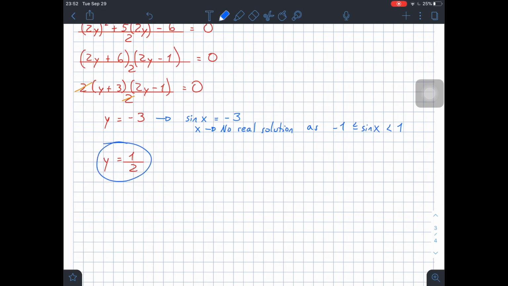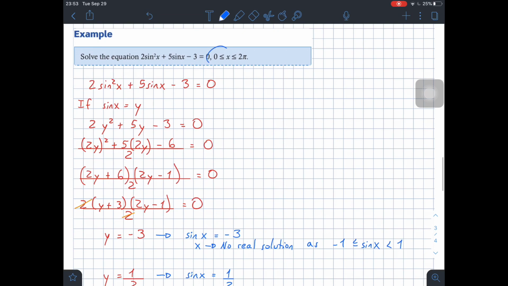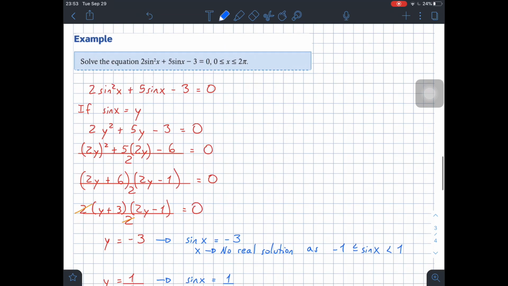But if we work with this second part, we're going to say that sine of x, which is y, is equal to 1/2. And here we do have a value of x for which sine of x is equal to 1/2. Now let's check the interval. The interval is from 0 to 2 pi. That means that we're considering one full rotation.